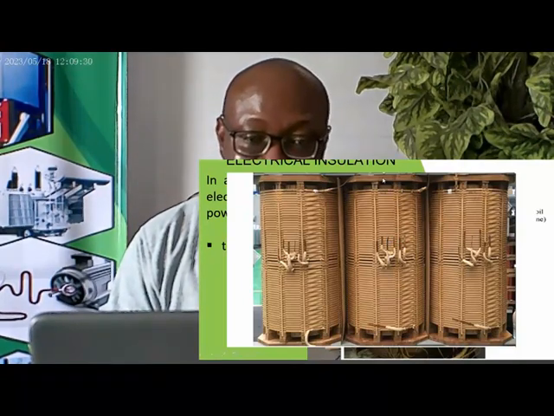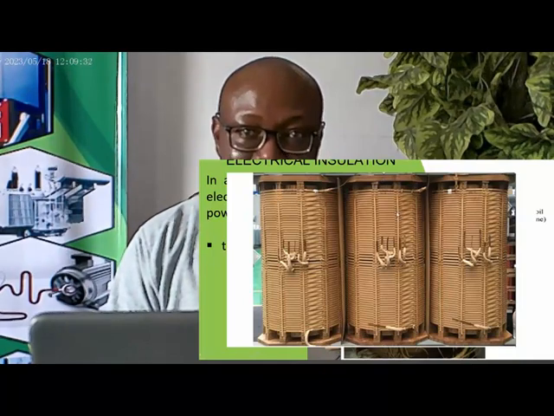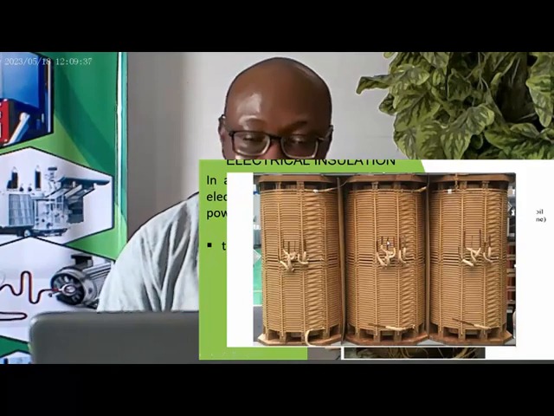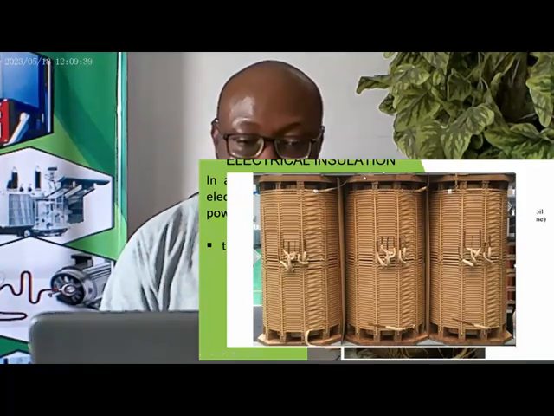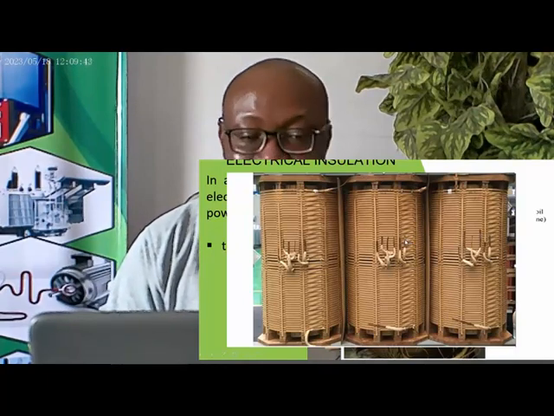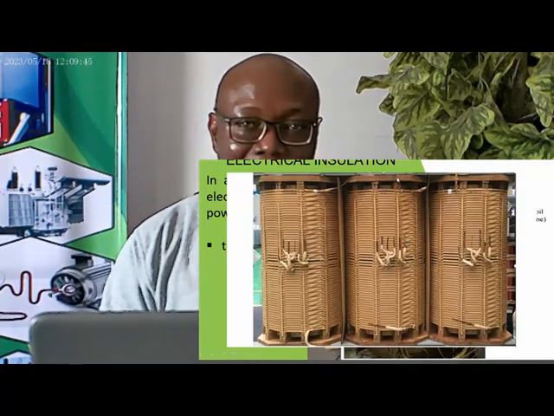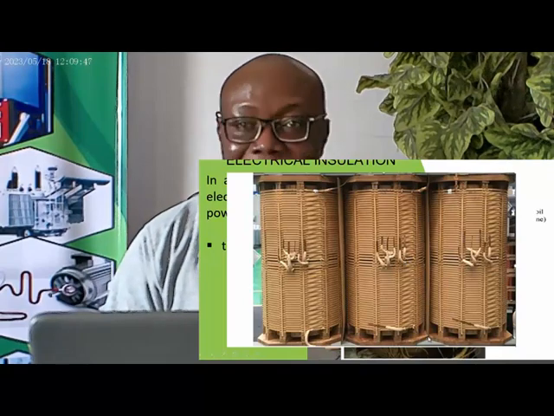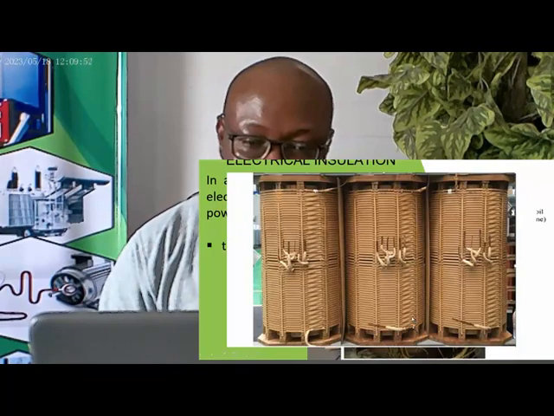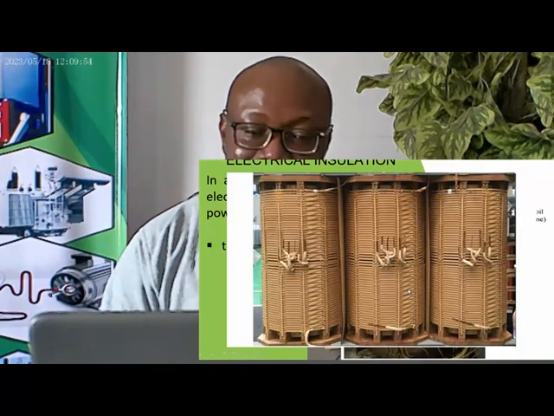Also remember the core of the transformer was insulated before the laying of the first winding on the core. So this winding will not have any business with the transformer core. Are you getting it? None of the windings has business with the ground of the transformer, as we will see later.